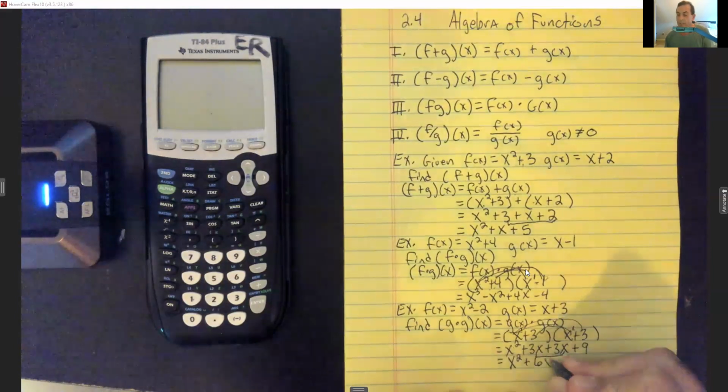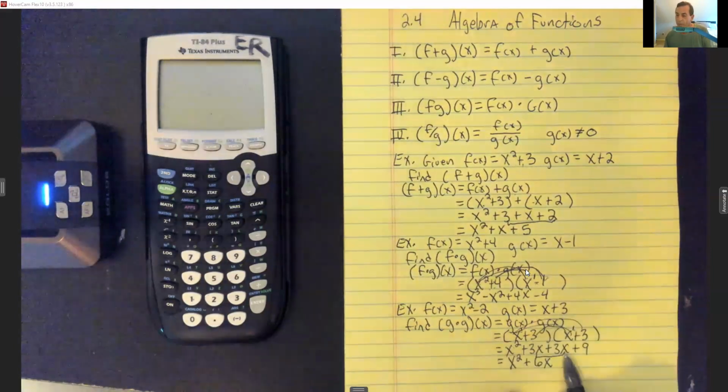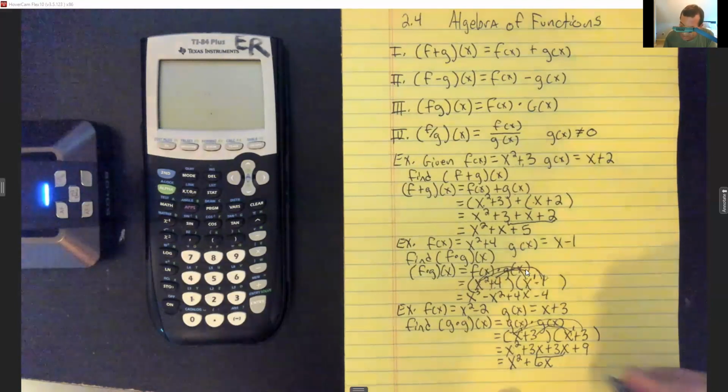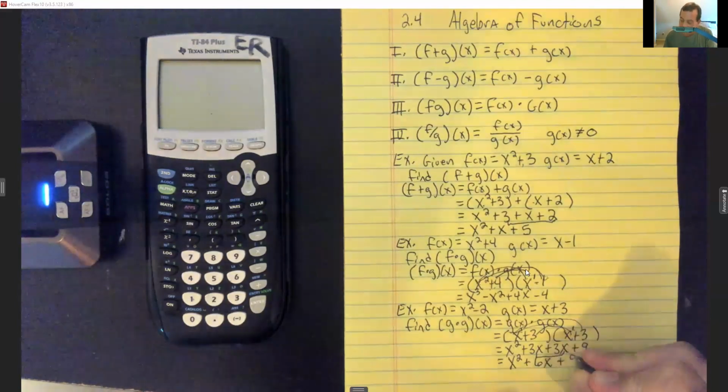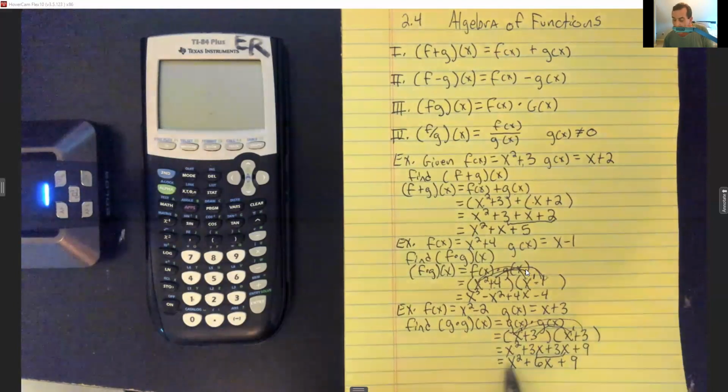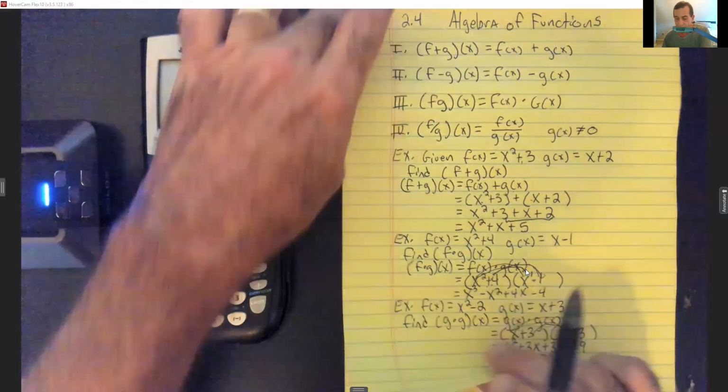Bring down the x's. 3x's plus 3x's is 6x's. You cannot make that an x squared, which is the common mistake. And look here, you've got a 9 at the end. No other like terms for it. So bring down that 9. Now, no more like terms. So we are done. All right, y'all.